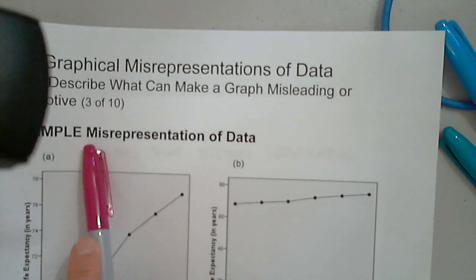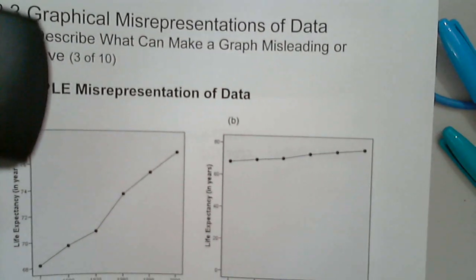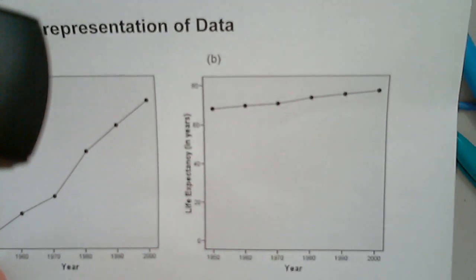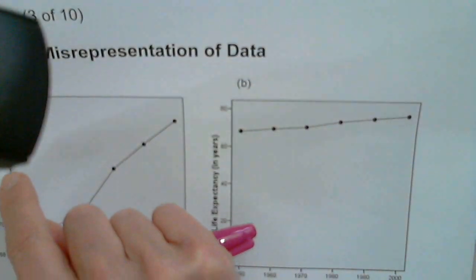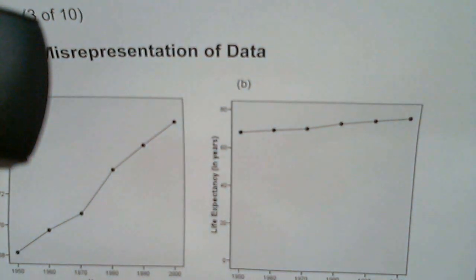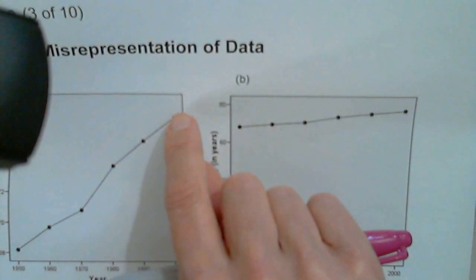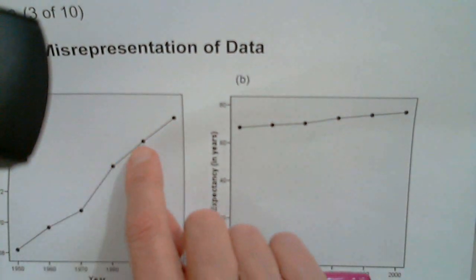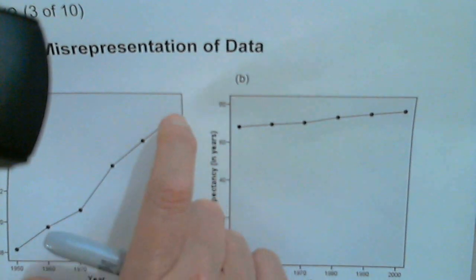So here's what is called misrepresentation of data using graphs. I hope you can see 1950 here and 2000, and 68, 70, 72, 74, and so on. This is the life expectancy in years. And it looks like, wow, from 68 to 77, it just went up.